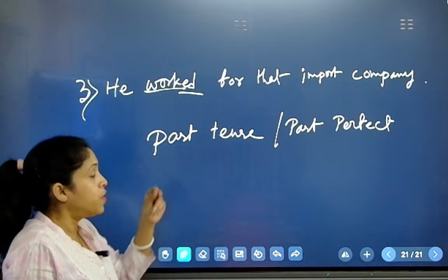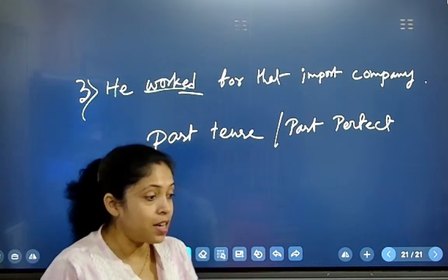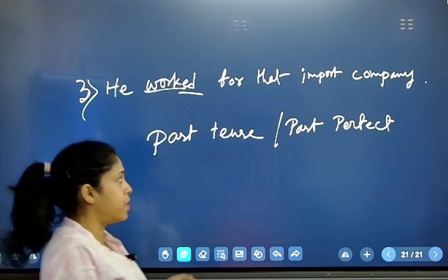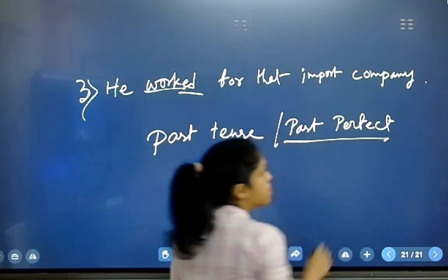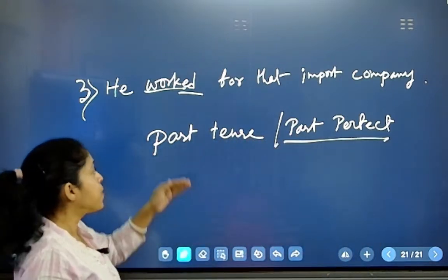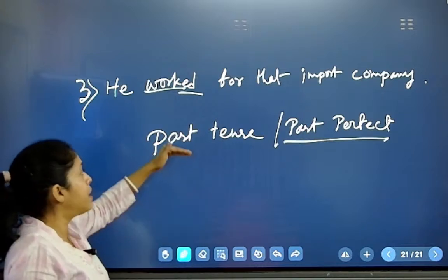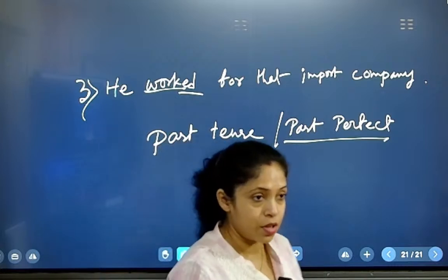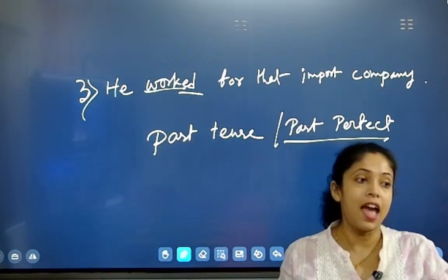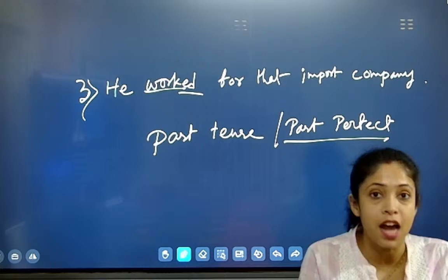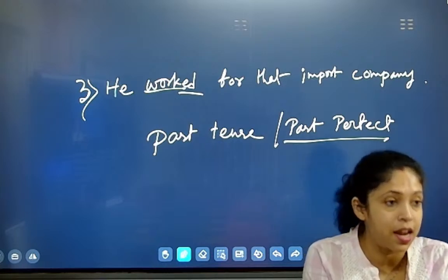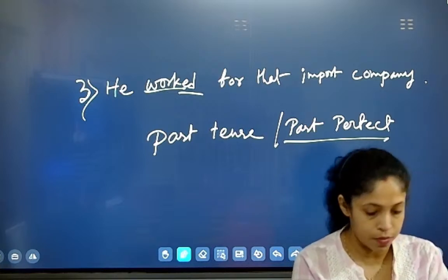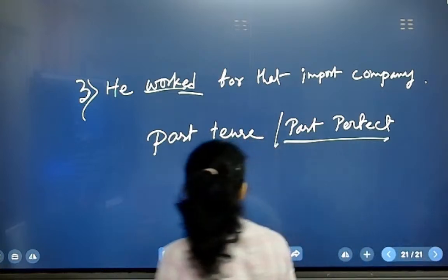The event which has happened a little bit earlier than the other event will be counted as past perfect tense, and the later event will come as past tense. That's why two tenses are used. He had worked and worked, because he had started working in that company first, and after that he worked in several sections of the company. Okay.